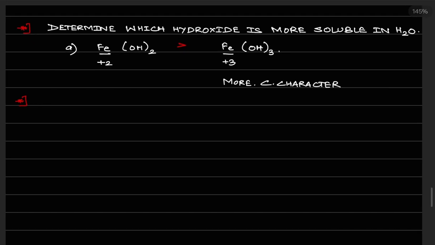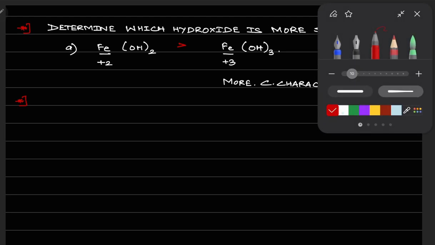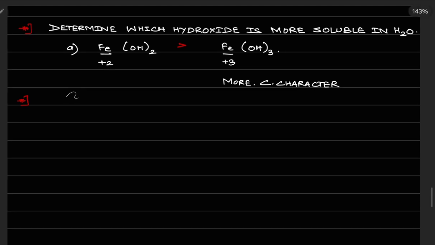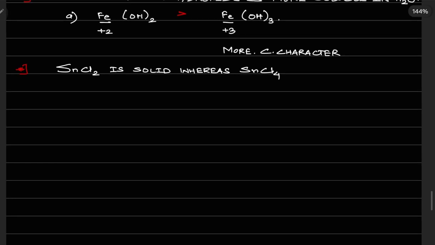The question is, SnCl2 is solid, whereas SnCl4 is a volatile liquid.